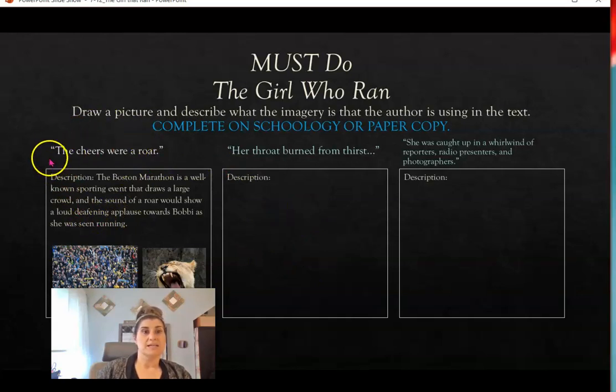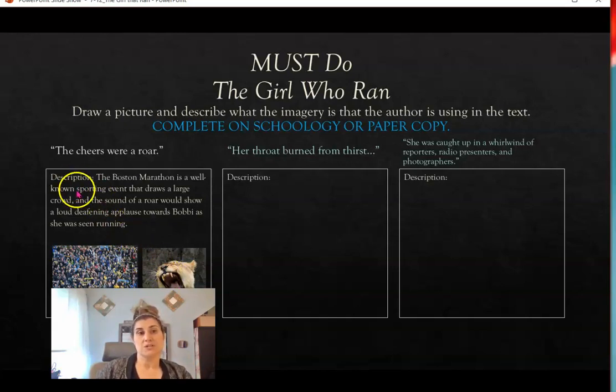And my example here from the text is, the cheers were a roar. So what I did is I found a group of people cheering and then a lion roaring. Well, actually a lioness specifically, because it's a girl who's running. So I made sure I got the 2.